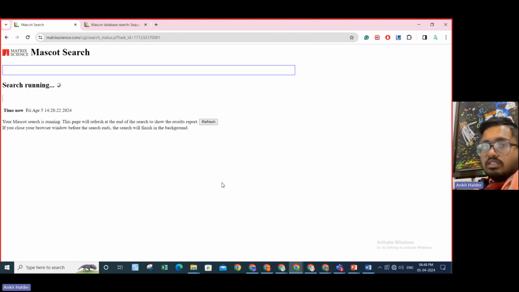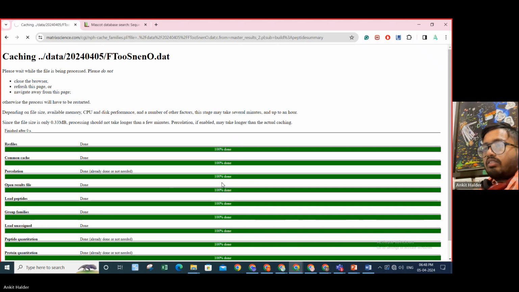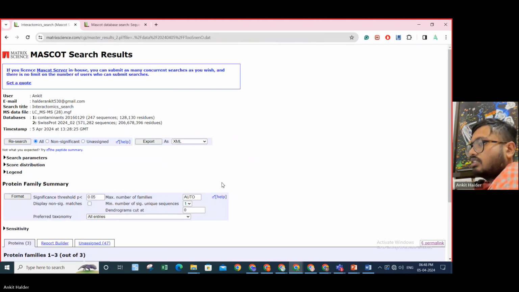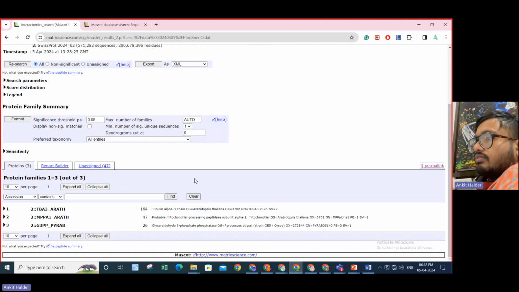And we are keeping the start. So it is coming as the scores, like the tubulin alpha-3 of Arabidopsis thaliana.